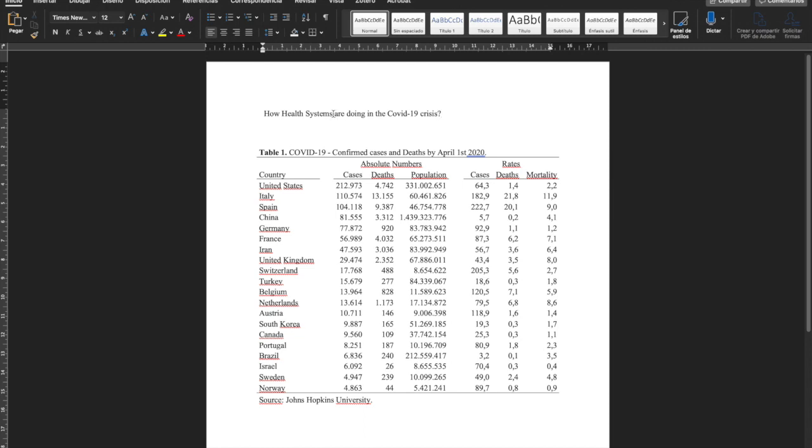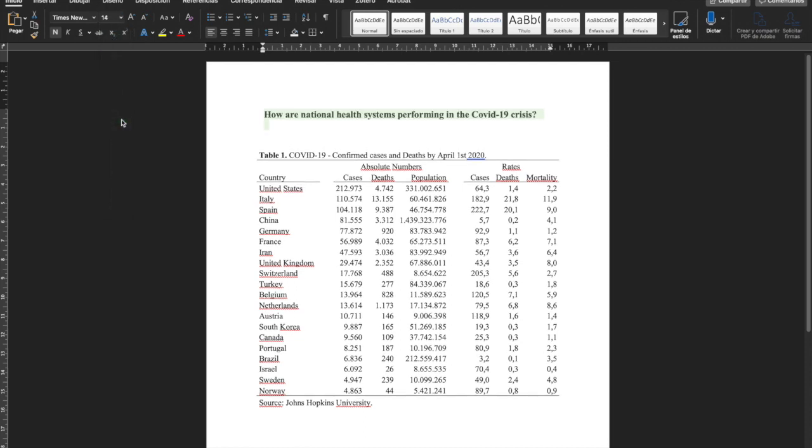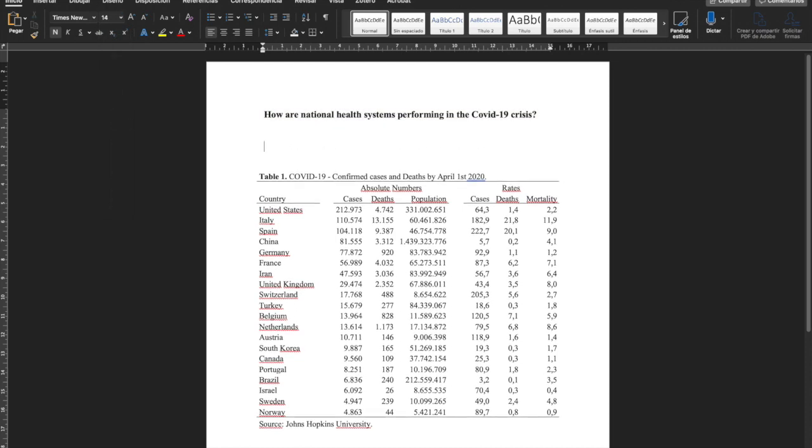How are national health systems doing, or performing, is better. Always choose specific names and terms to refer to. It's much better than using general words like doing, and you always need to put your name.